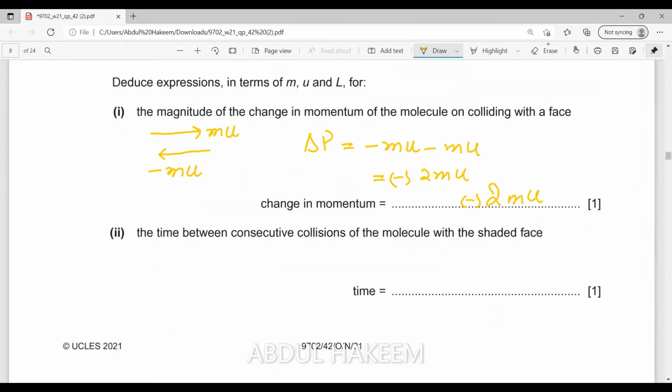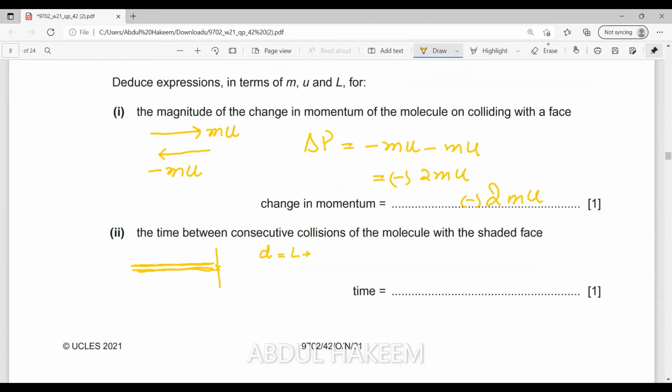Next, the time taken: the time between consecutive collisions of the molecule with the shaded area. Suppose this is the surface. One collision is occurring here, then it's traveling in this direction, then coming back. So between two consecutive collisions, the molecule has to cover distance L this way and then L back.